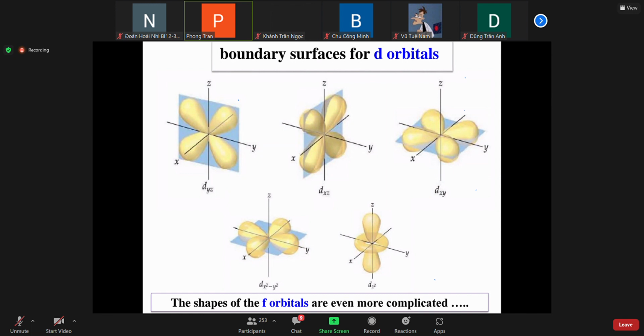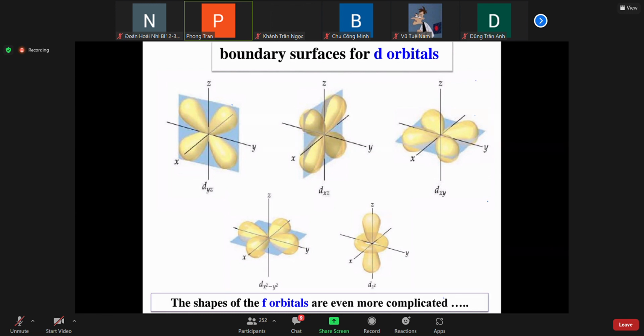Now imagine that you put all five d orbitals in the same coordinate system, like this.